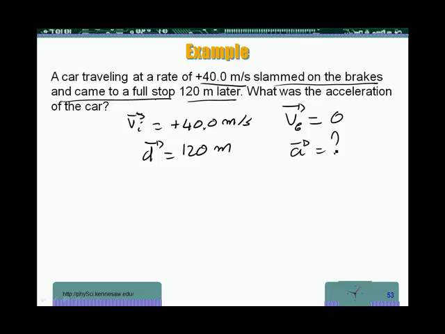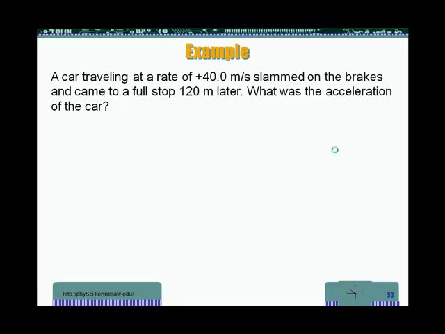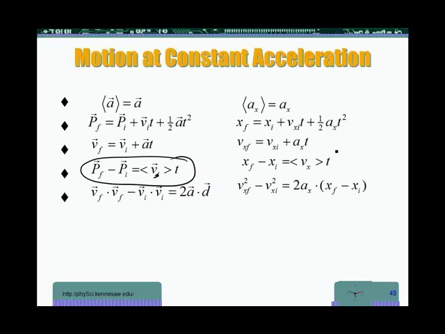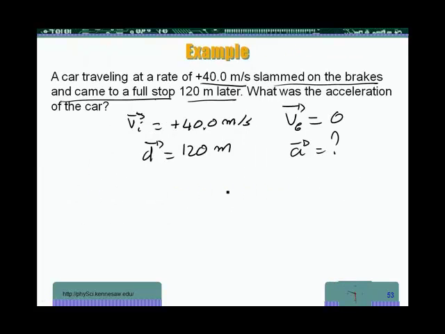Now, let's remember that. If you recall from these equations, okay, we can look at it here or here, either way, we have Vf squared minus Vi squared is equal to 2AD. That's an equation that does not have time. So we are going to write that equation here. Vf squared minus Vi squared is equal to 2AD.